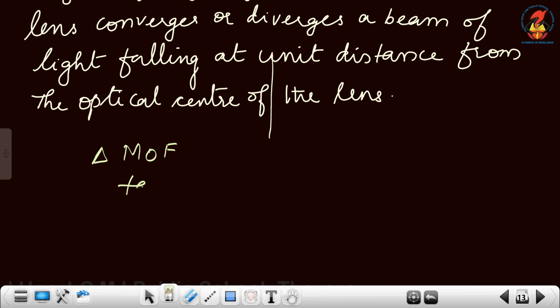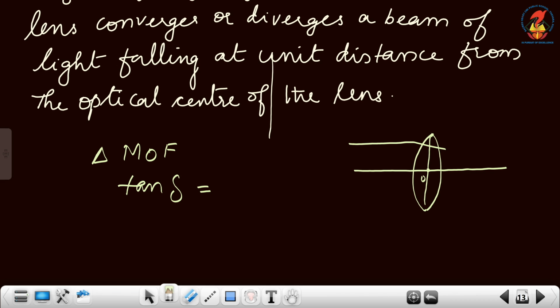MOF. This is the lens, this is the optical center, and this is the ray of light undergoing refraction, passing through the focus. This angle is delta and this angle is also delta.